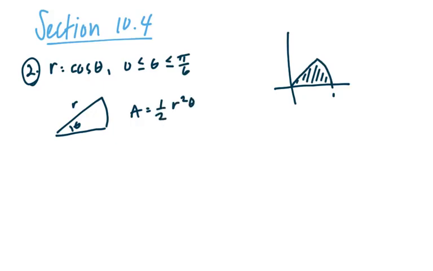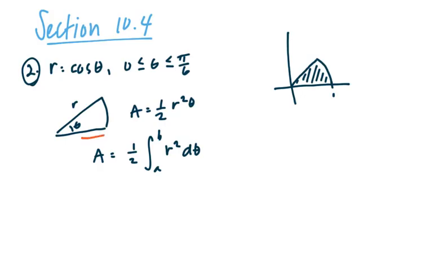That's our formula from high school geometry. So when we use our calculus formula to find the area, we say area equals 1/2 the integral from a to b of r squared d theta.